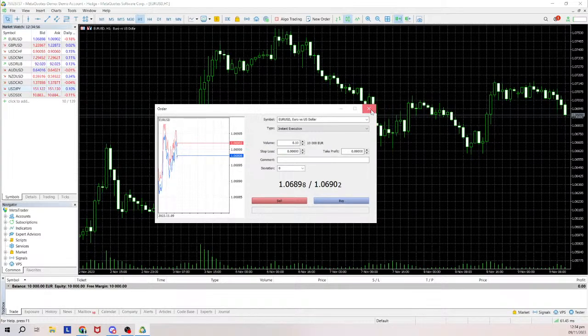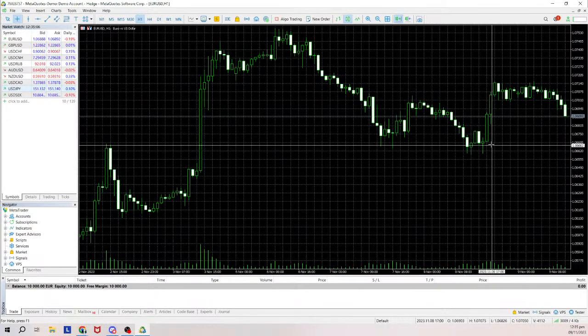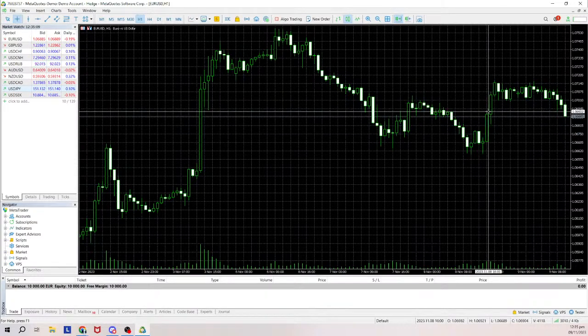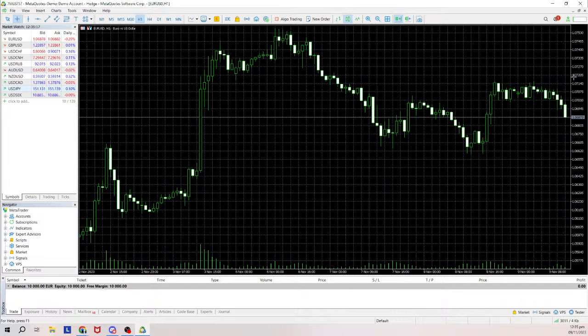Let's stay on this chart for a moment and go over the options here. We have a cursor here that we can use to look at the prices. On the bottom you can see the time. On the right you can see the price for the asset.